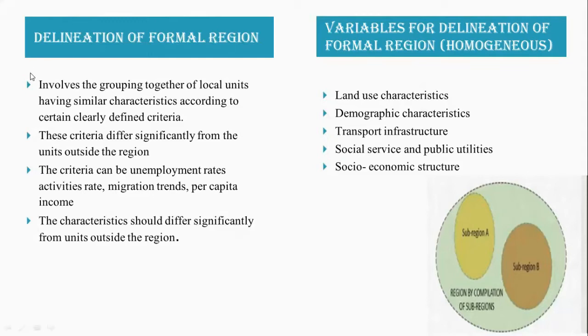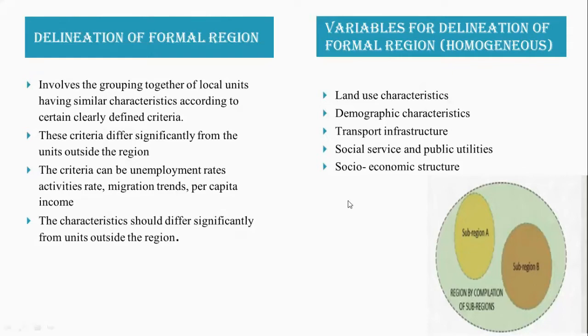For example, here you see subregion A and subregion B. There are certain characteristics which are similar for subregion A, and that characteristic is not found in subregion B. Similarly, vice versa, subregion B's characteristic is not found in subregion A. So the criteria that were grouped together to delineate region A are not the same for subregion B and vice versa.